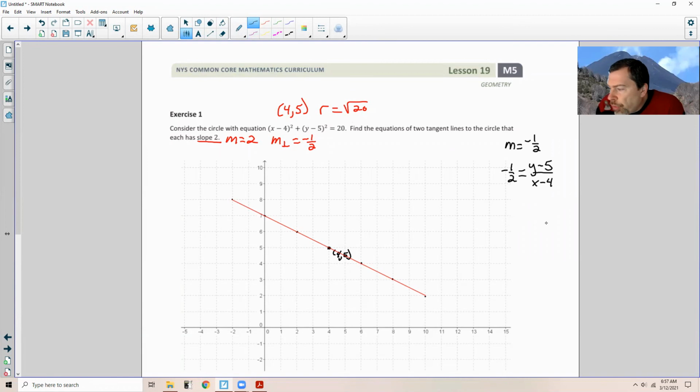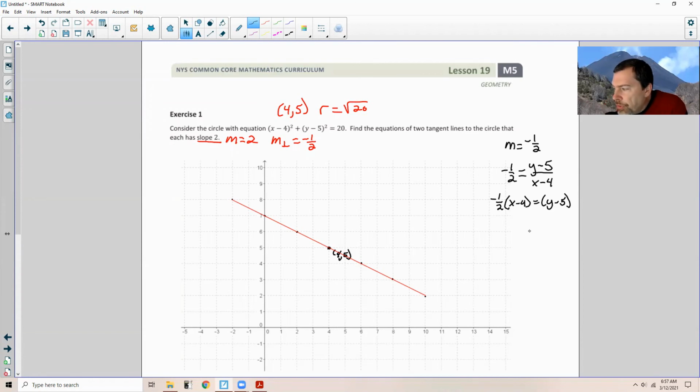Okay, and then we're going to get y minus 5 by itself by multiplying x minus 4 to both sides. So I'm going to get -1/2 times (x minus 4) equals y minus 5. So we're setting up the equation here. Here's our x minus 4. Here's our y minus 5 in the parentheses.